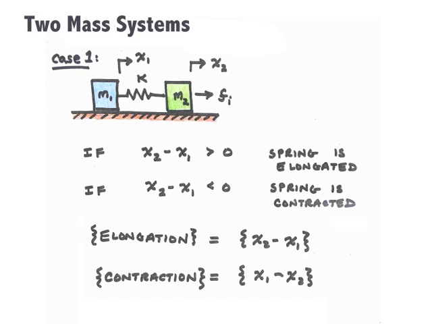And then I'm going to make a positive displacement of x1. What happens in this case? In this case, the spring will be contracted, and that will yield a force on mass 1, which will push mass 1 to the left.